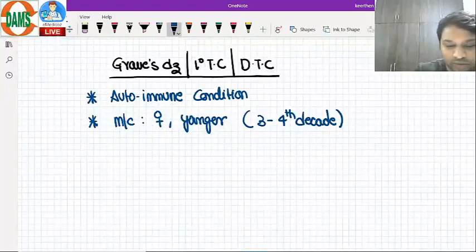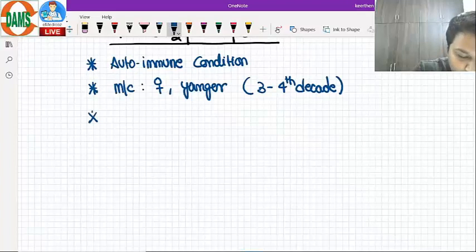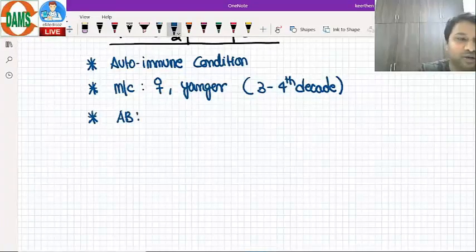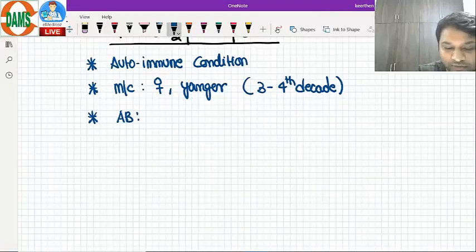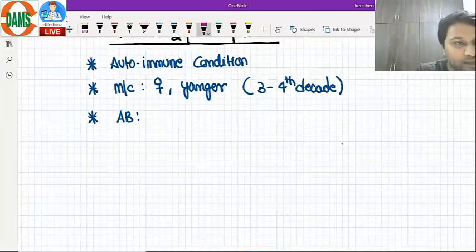Okay. Now, when I say it is an autoimmune condition, the autoimmune condition will be associated with antibody formation. Now, the name of the antibody which are formed with respect to the Graves' disease is called as LATs.